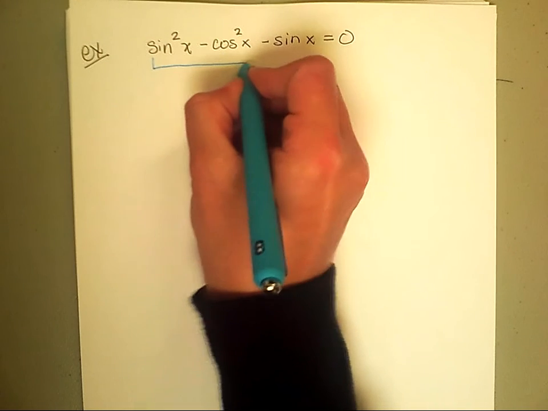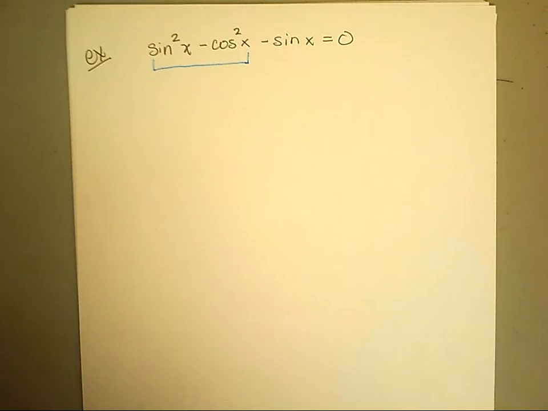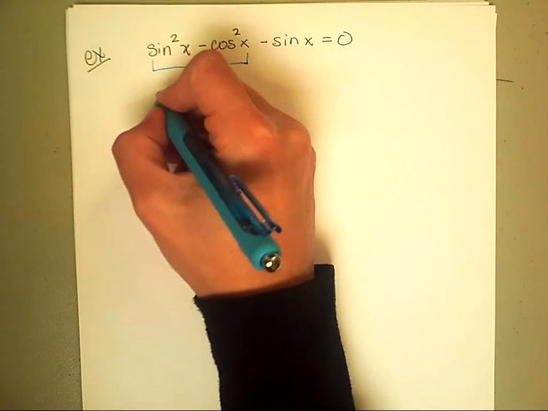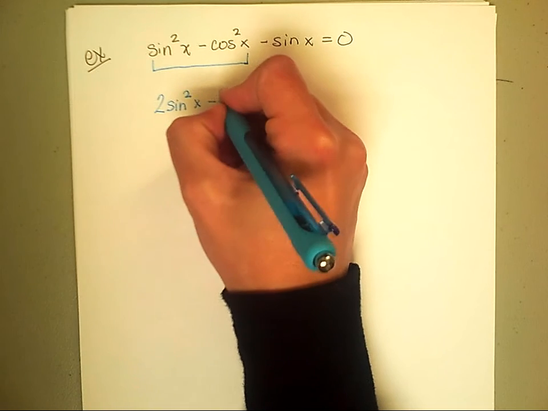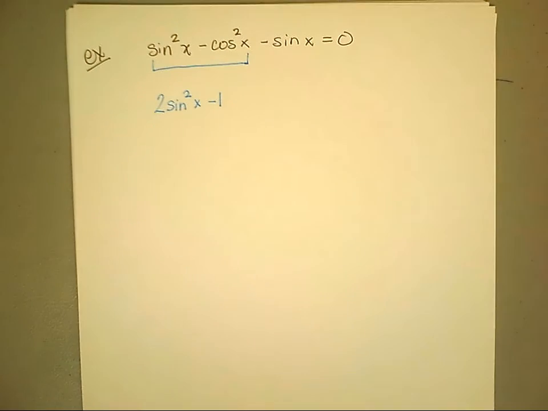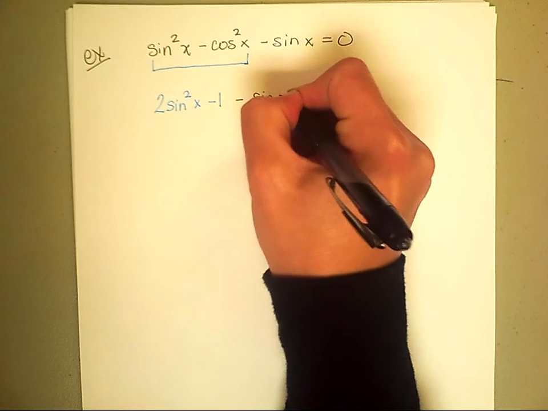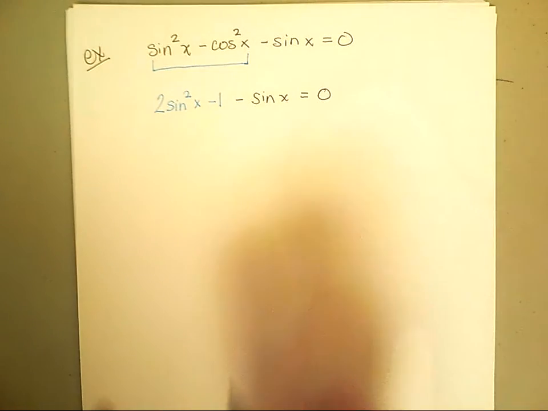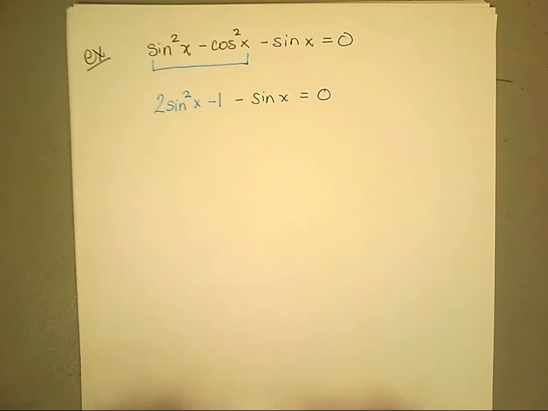And so here's where we're going to use identities. I know that the sine squared minus cosine squared can be written in multiple different forms. One of them is 2 sine squared of x minus 1. And then from here we'll just bring down minus sine of x equals 0. Okay, so you can use identities.